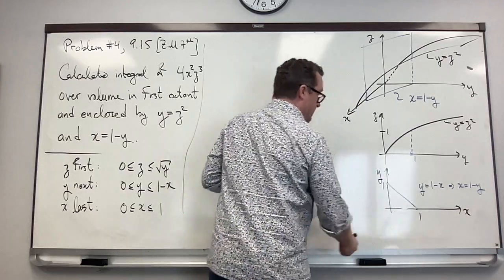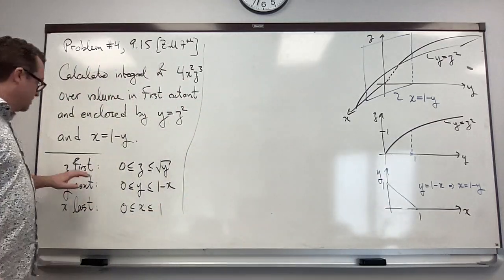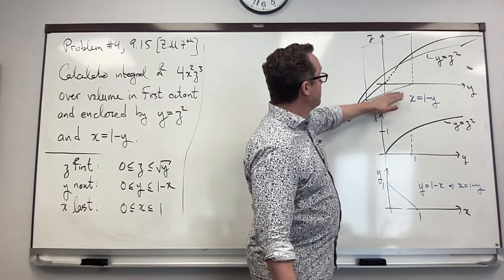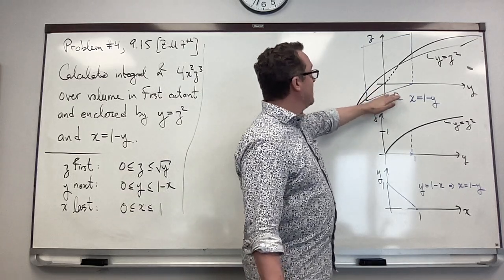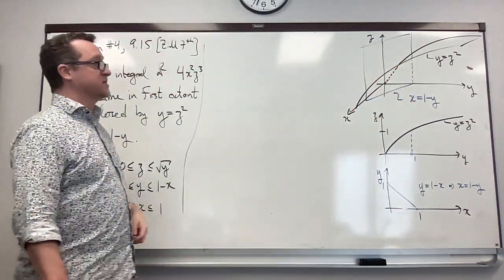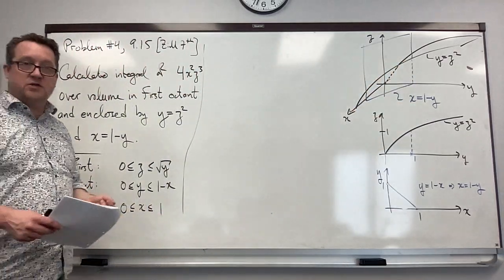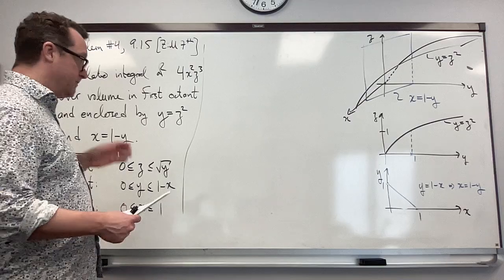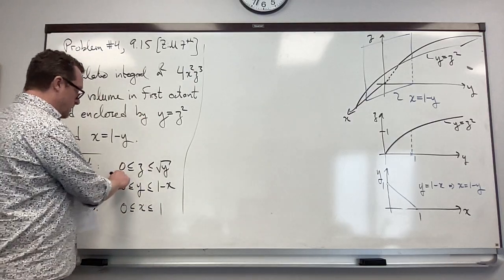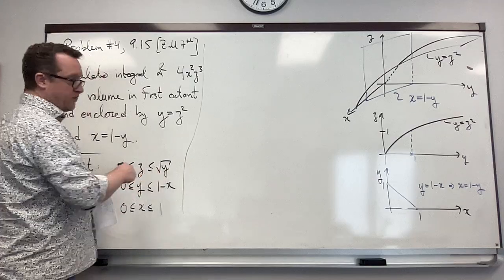We'll do y first. So the order is z first, and z will go from 0, because we're in the first octant, so the bottom of the region is z equals 0, up to this curve. That curve said y equals z squared. We have to convert that to z as a function of x and y, so z equals the square root of y. So z goes from 0 to square root of y.